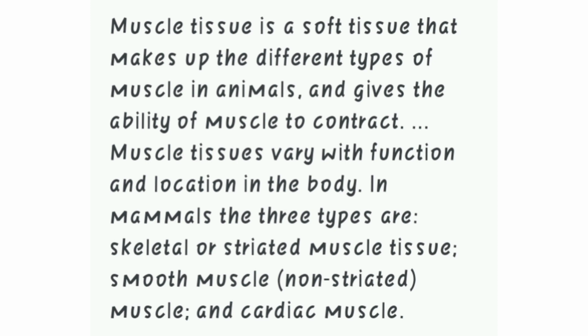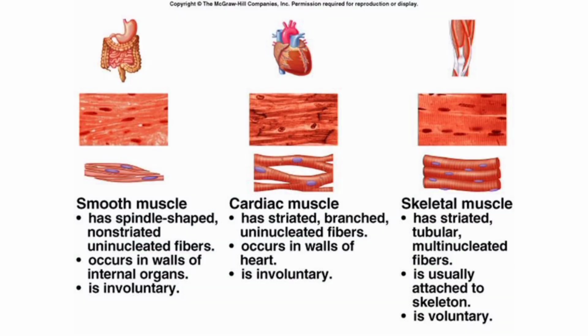Muscle tissues vary with function and location in the body. In mammals, there are 3 types: 1. Skeletal or striated muscle tissue. Second one, smooth or non-striated muscle tissue. Third one, cardiac muscle tissue. Students, observe the table carefully.